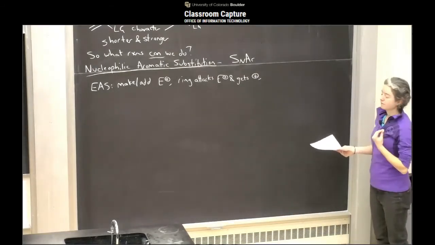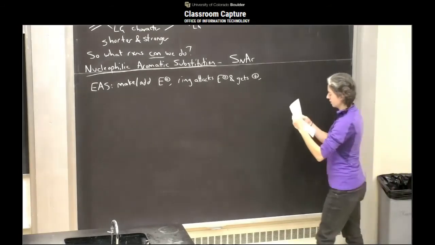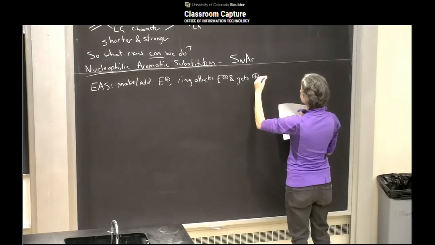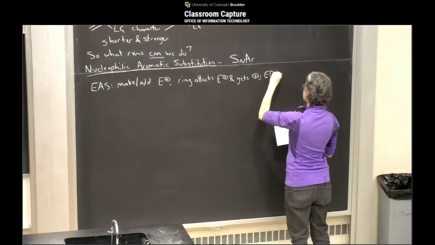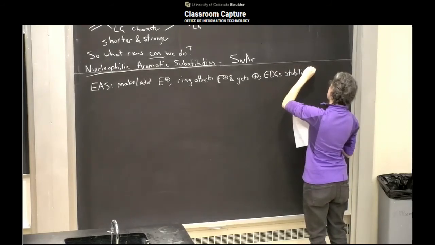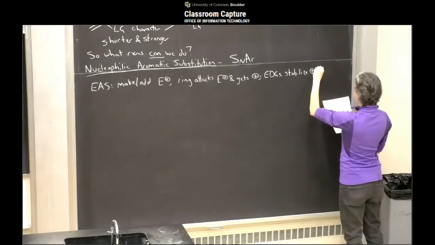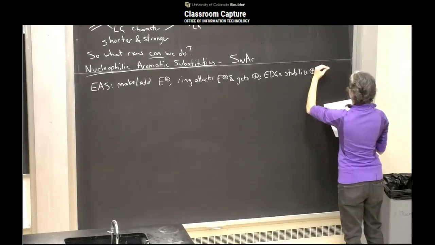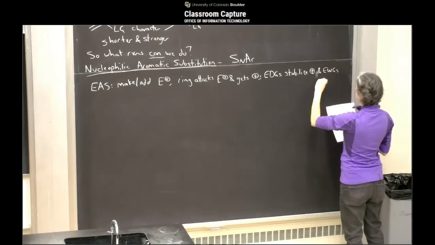Then whatever we've got on the ring already, if anything, needs to stabilize the positive charge. So electron donating groups stabilize the positive charge, and electron withdrawing groups destabilize it.